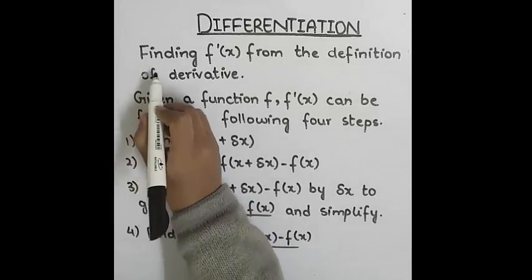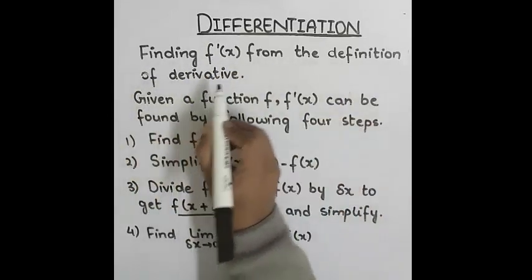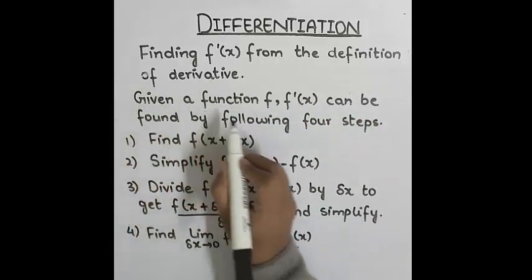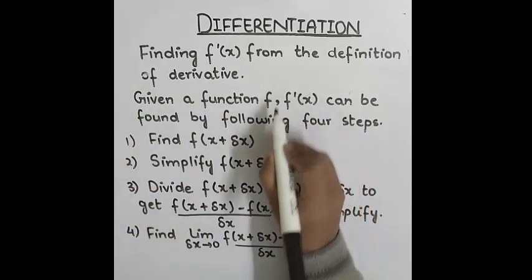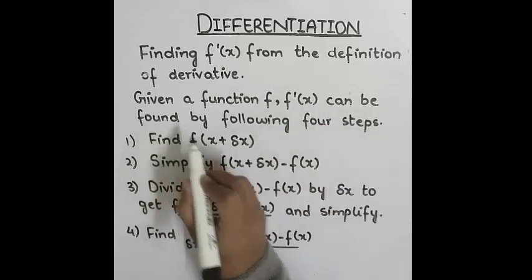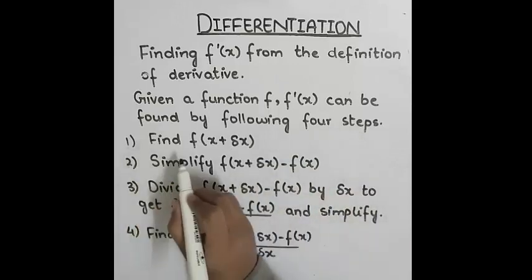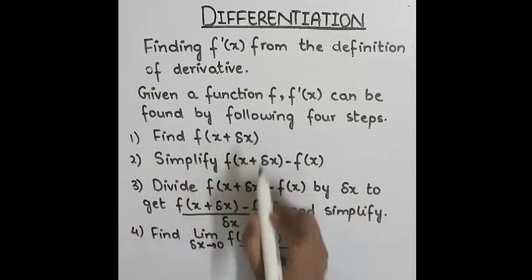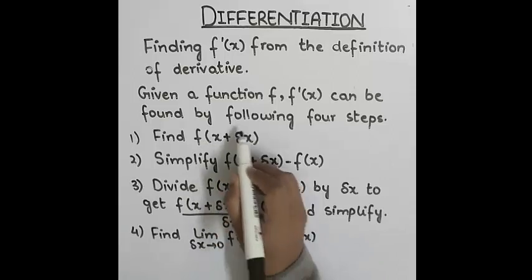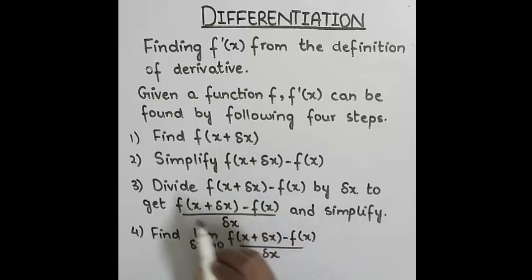Next we will learn how to find the derivative of a function from the definition of derivative. Given a function, f dash x, which means the derivative of a function, can be found by the following 4 simple steps. Step 1: find f(x + Δx). Δx means a small change in the value of x.